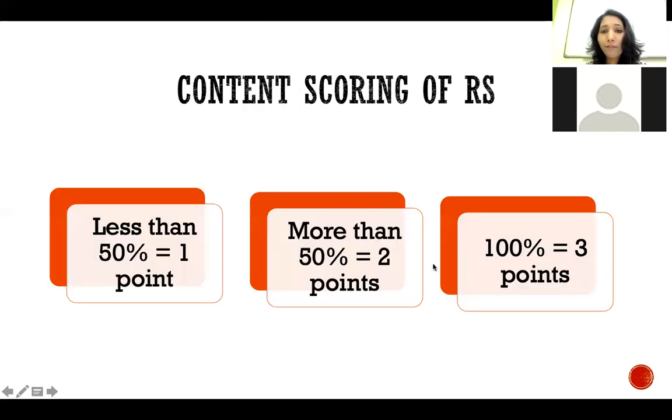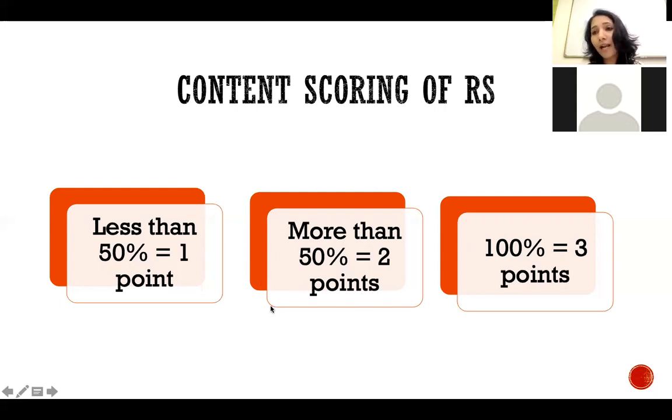Now, for getting your content points, suppose the speaker speaks a sentence of about 10 words. If you can repeat about 75 to 100% of the content, you'll get 3 points, which is transferred towards your listening. If you can repeat 50 to 75% of the content that you're listening to, you'll get 2 points for your content, which is transferred towards your listening.